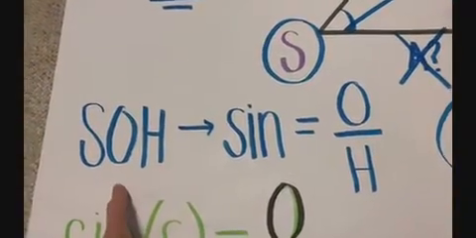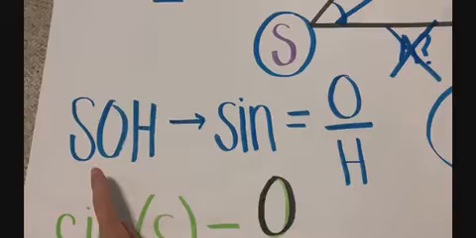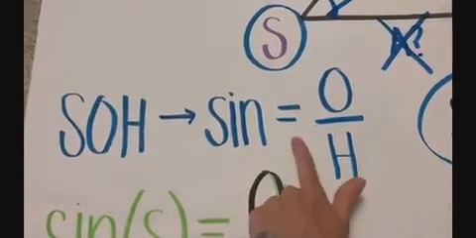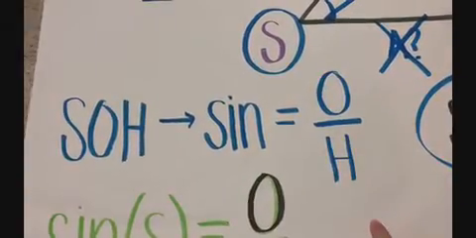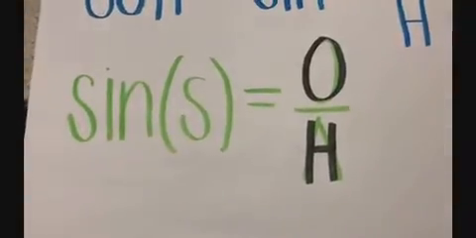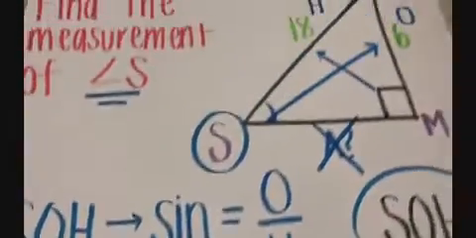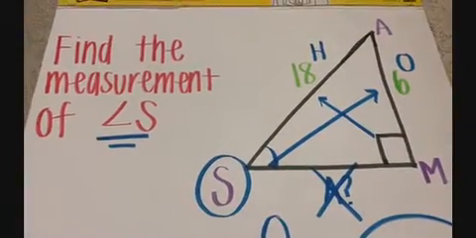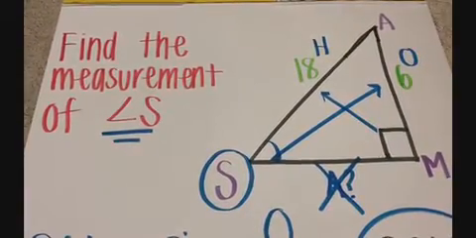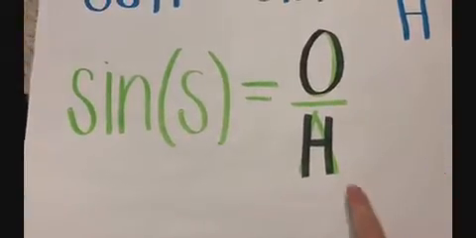We know we are using SOH. I just want you guys to recall that SOH stands for sine equals O divided by H. When you are setting up this problem, you need to make sure you have your sine of angle S because that's the given problem identified in the original question. All right, so sine S equals O divided by H.